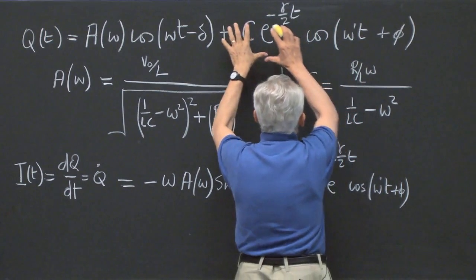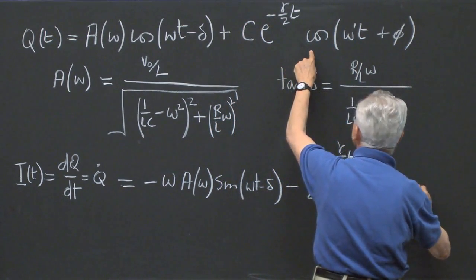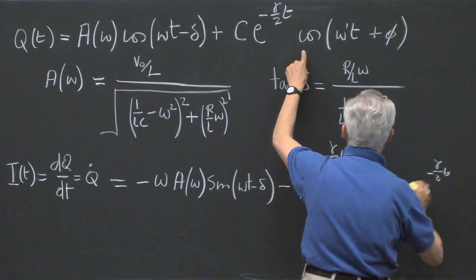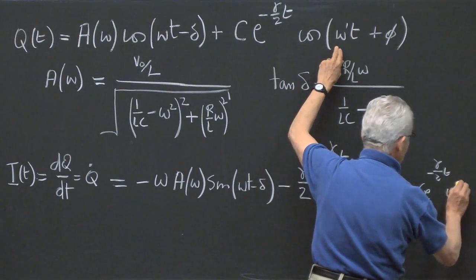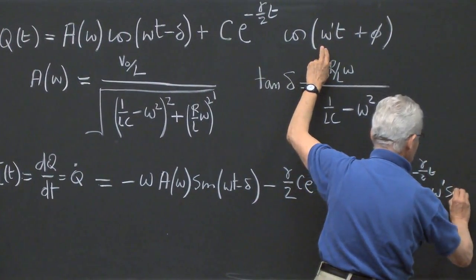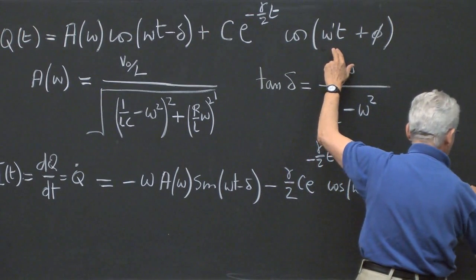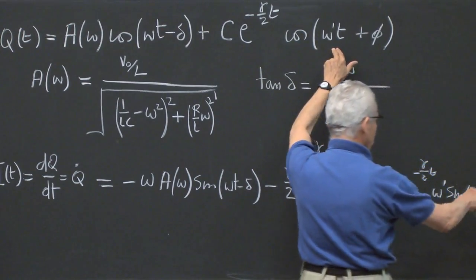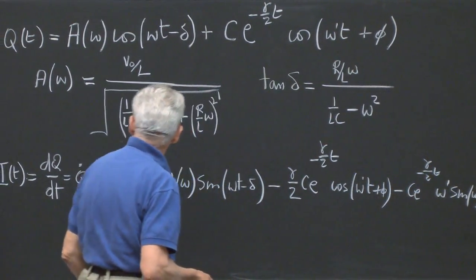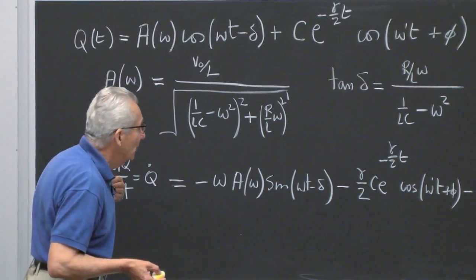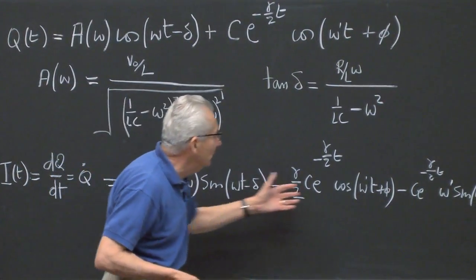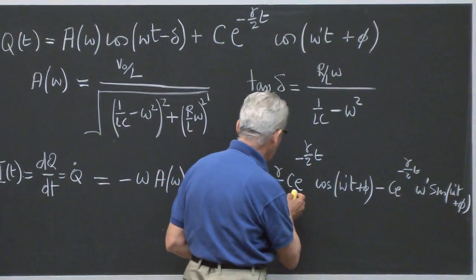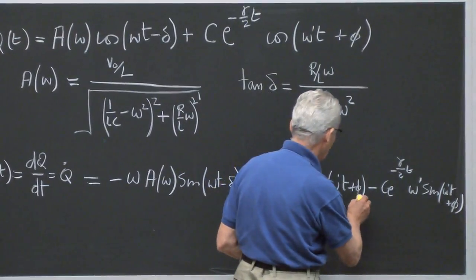So I've differentiated this times that. Now I've got to take this, differentiated by that, which is minus C e to the minus gamma over 2 t times omega prime times sine of omega prime t plus phi. Sorry that it's so long. Again, we know every quantity here except for C and phi.